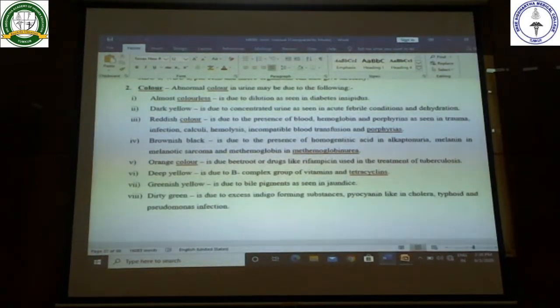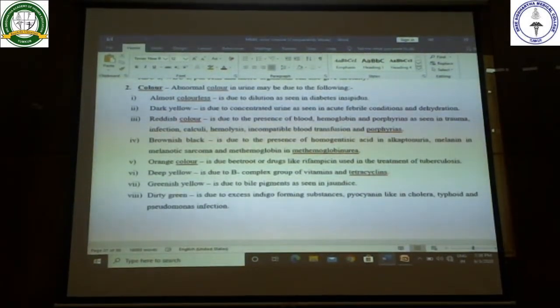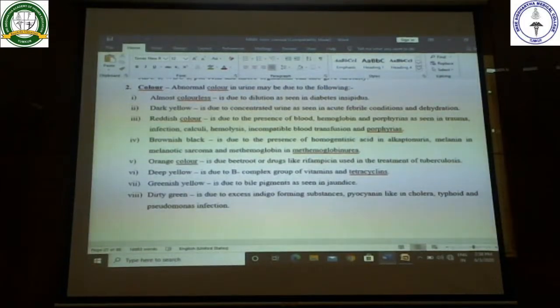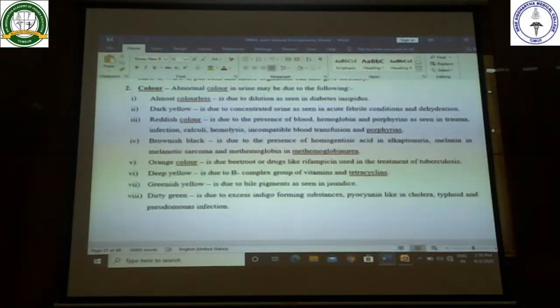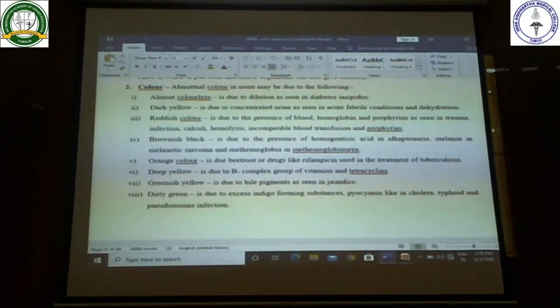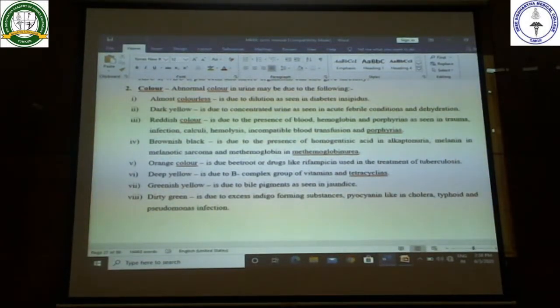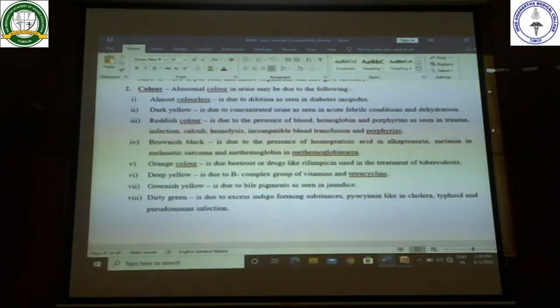How to estimate whether it is coming from the kidney or the urethra is a different thing. But if you see a reddish sample, most often think first of infection and second of stones, calculi. Then next, hemolysis, which can occur due to incompatible blood transfusion and some porphyrias.